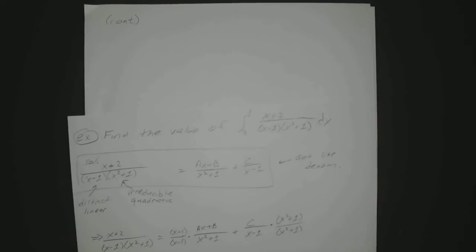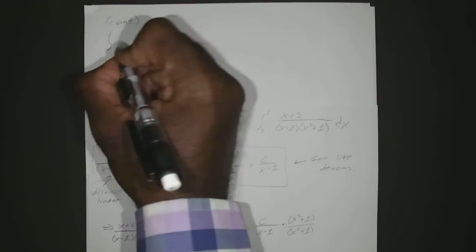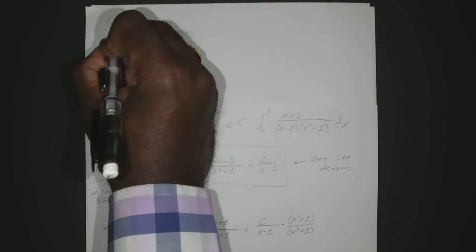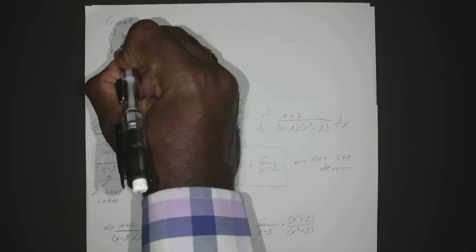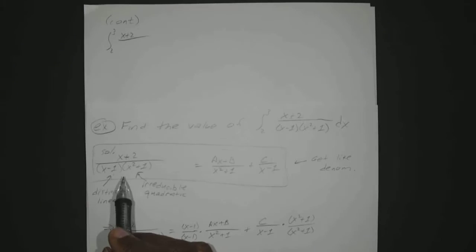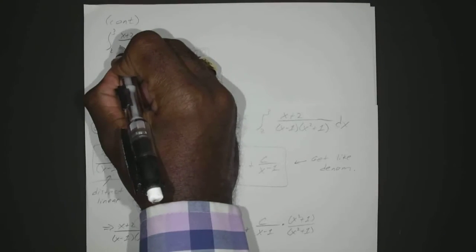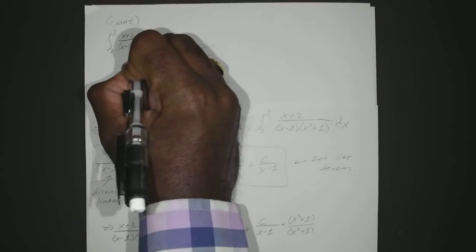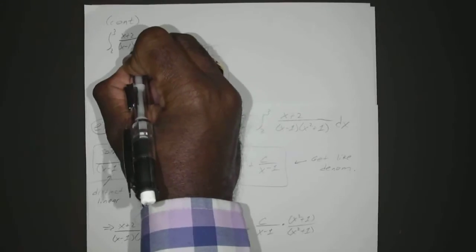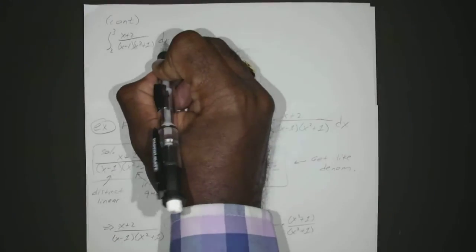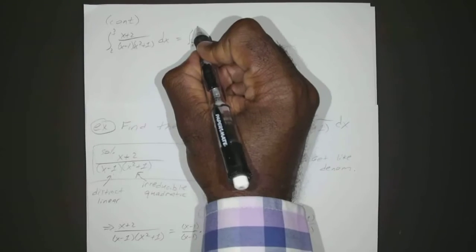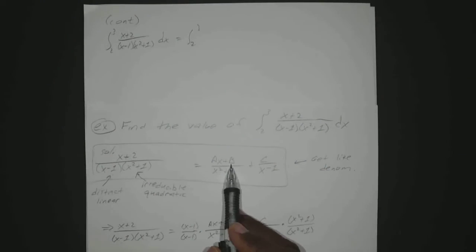So this one. We know the integral from 2 to 3 of (x plus 2) over (x minus 1)(x squared plus 1) equals the integral from 2 to 3 of (ax plus b) over (x squared plus 1) plus c over (x minus 1).